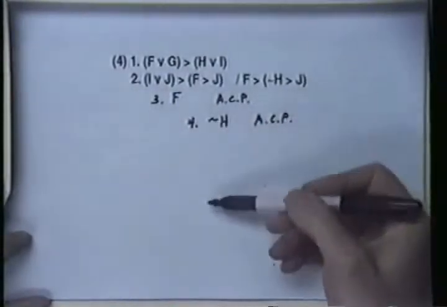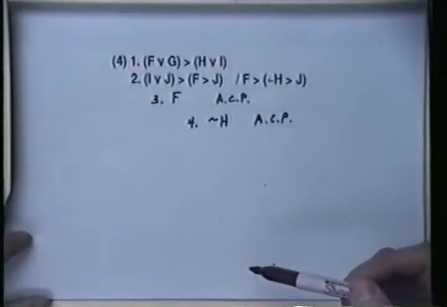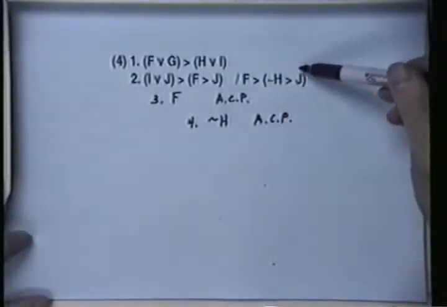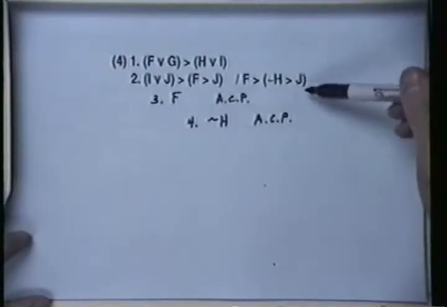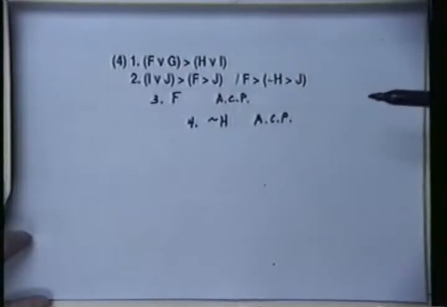And so we're going to have one subderivation nested inside another one. Now we've got F and not H to work with, and now the goal sentence is simply the J. So by whittling away at this conclusion, that's how the strategy of conditional proof has power.